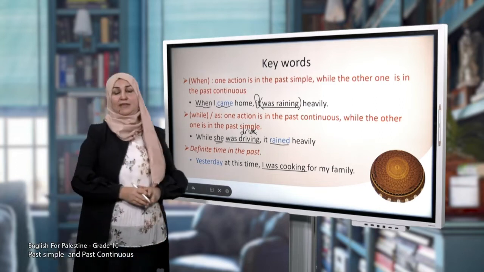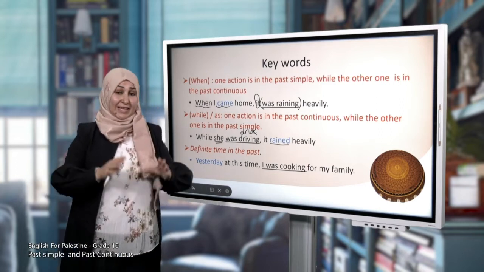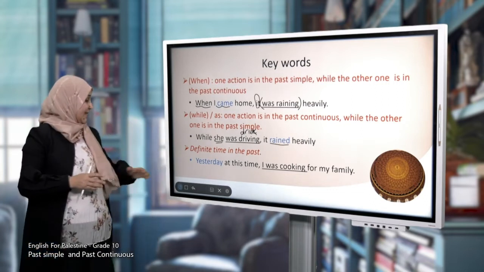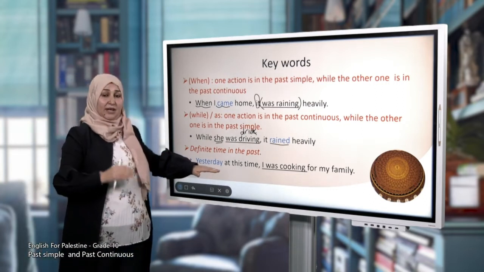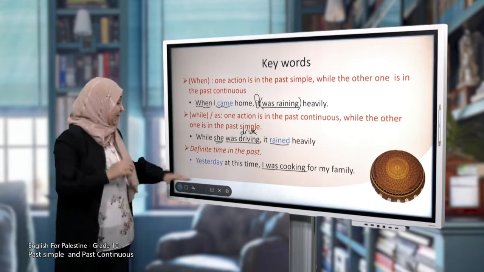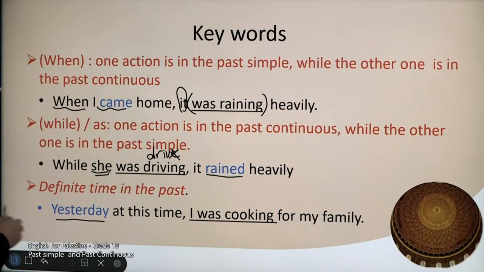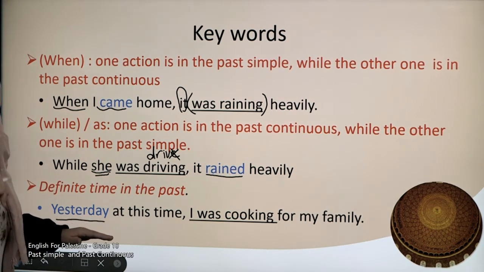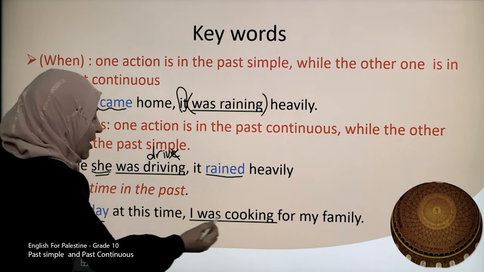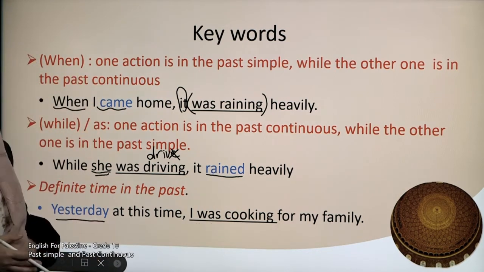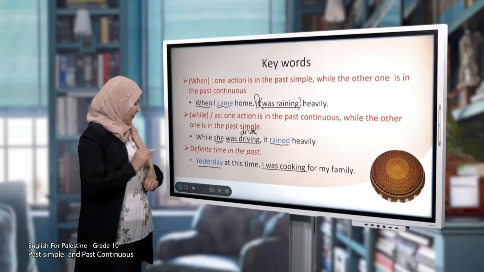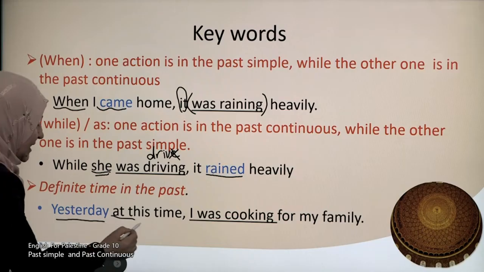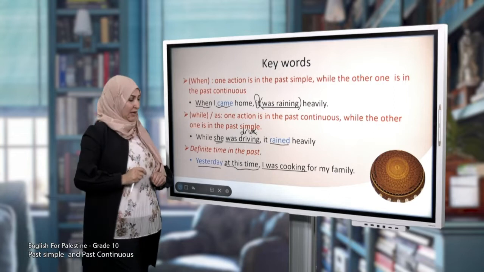Definite time in the past. When we have a definite time in the past, such as yesterday, I'm talking about yesterday, it's definite time. At this time yesterday, I was cooking for my family. Again, we have yesterday and we have this time, definite time.